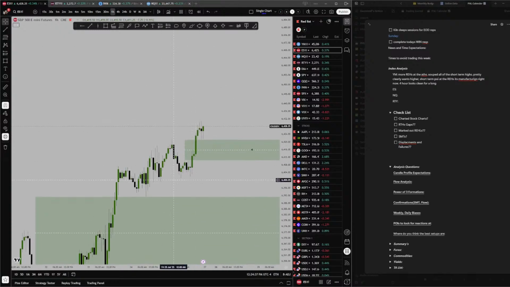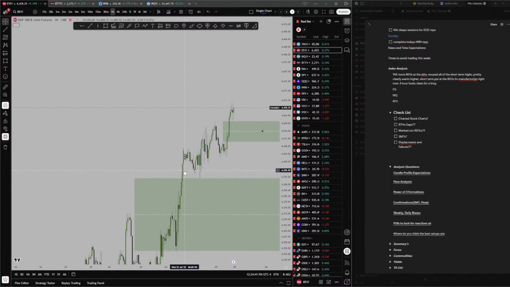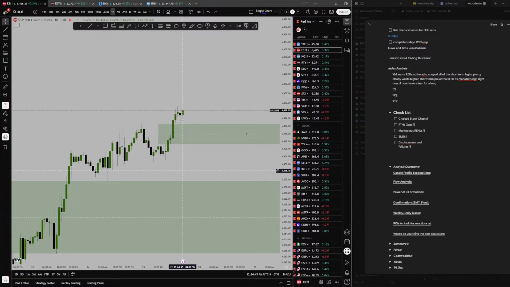We do have some smooth lows here. This got taken out there. This might turn into some sort of inversion here. It was referred back to previously.